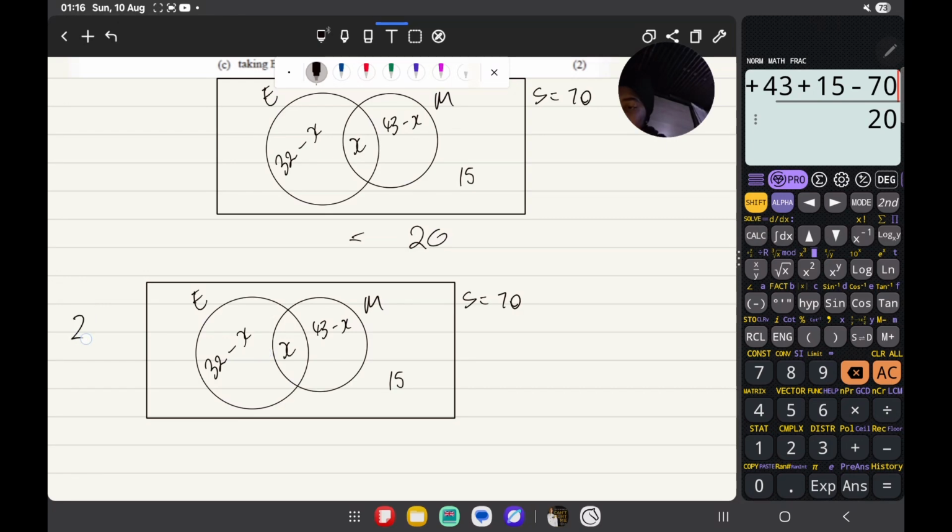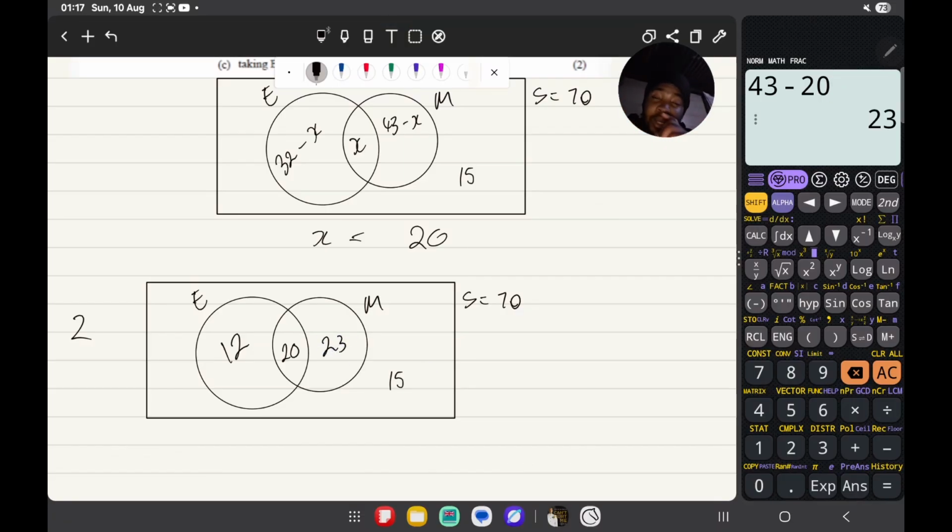I'll say that is number 2. So remember x is 20. Now 32 minus x is 12, so here I'm going to write 12. X I'm going to write 20, and there we have 43 minus 20, which is 23, and I have 15.